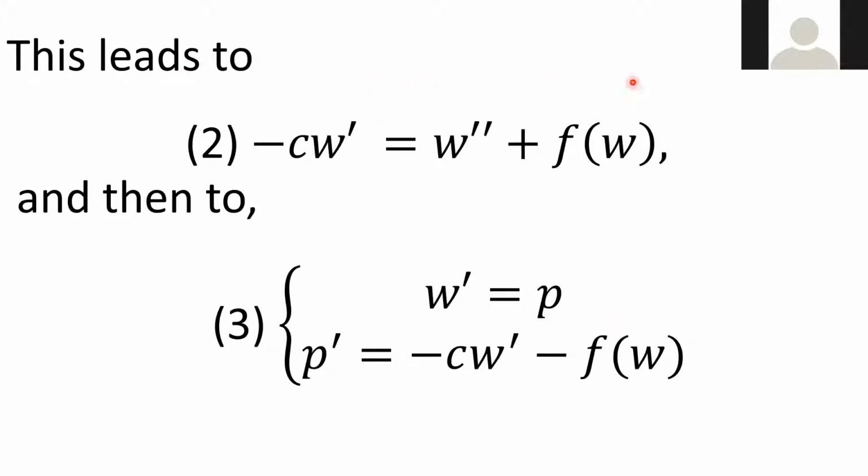If you replace u by w of x minus ct, you obtain equation 2. With this transformation, you obtain these ordinary differential equations of order 1.